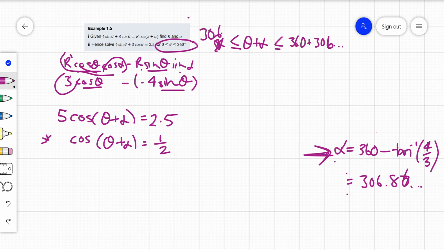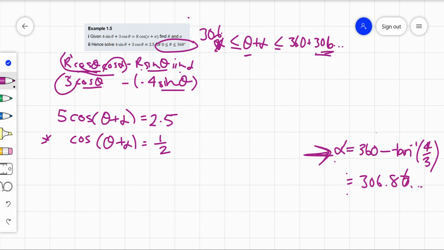It's almost like I'm doubling up, or sorry, I'm adding 360 to it. I'm really adding 306 to it.